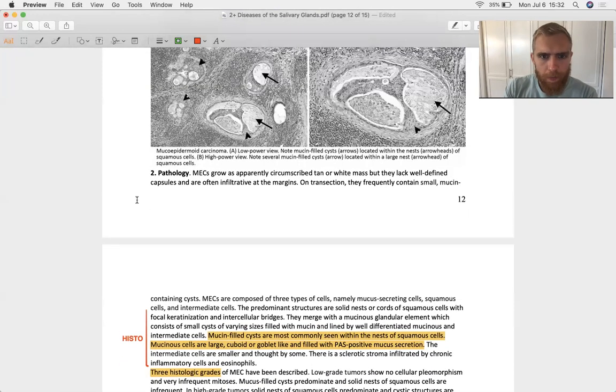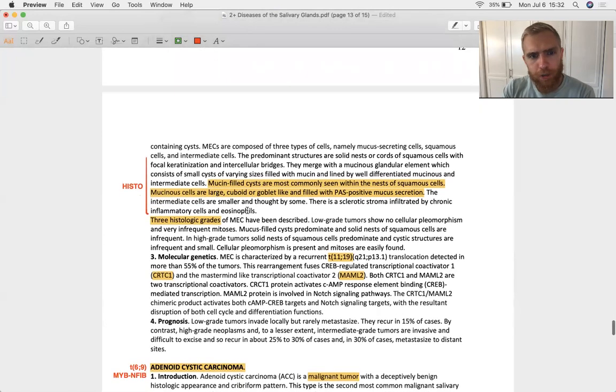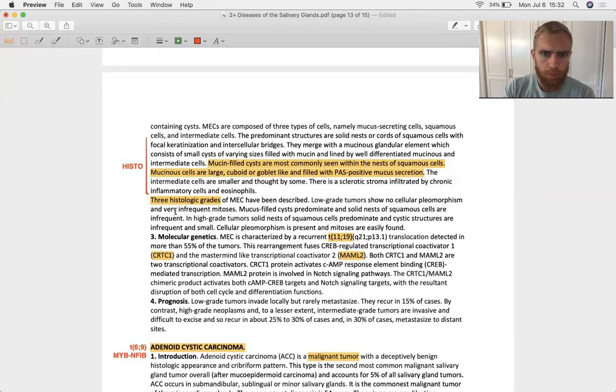So strong mucin component. Histologically, here at the top of page 13, it's telling you you'll see mucin-filled cysts within nests of squamous cells. They're large, cuboid, or goblet-like and filled with PAS-positive mucus. And there are different grades of mucoepidermoid carcinoma.